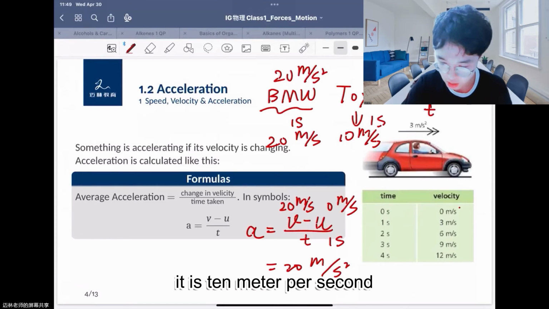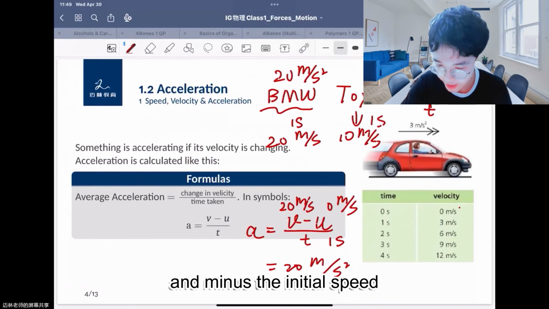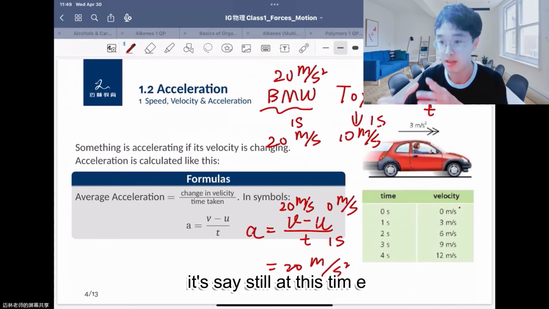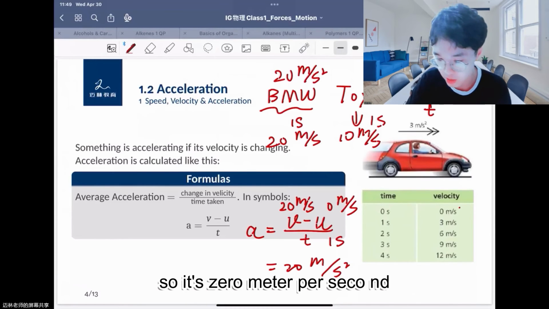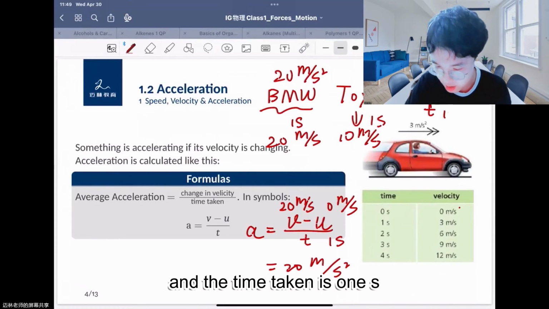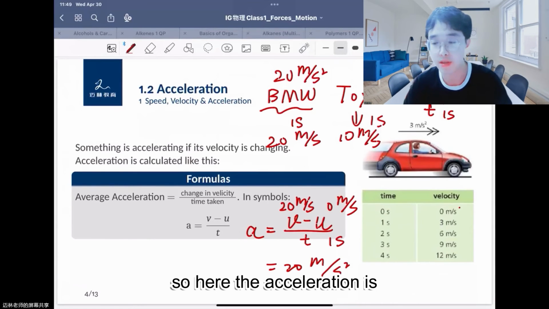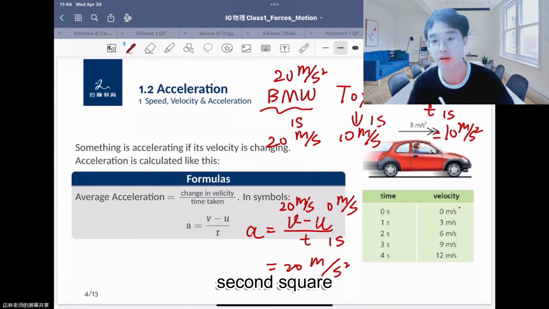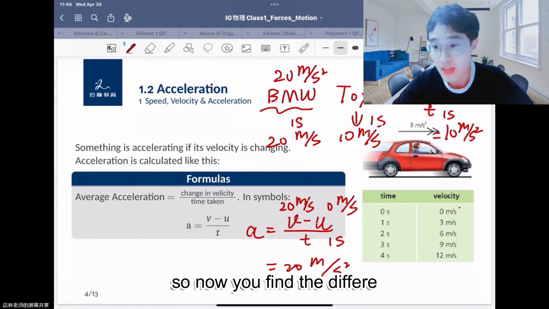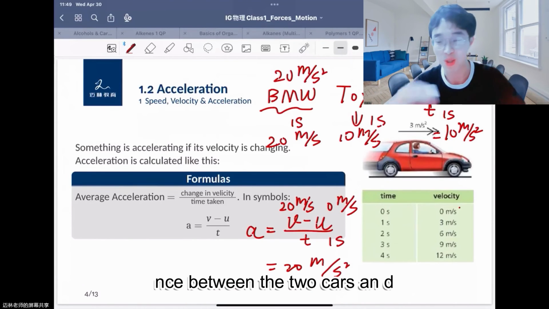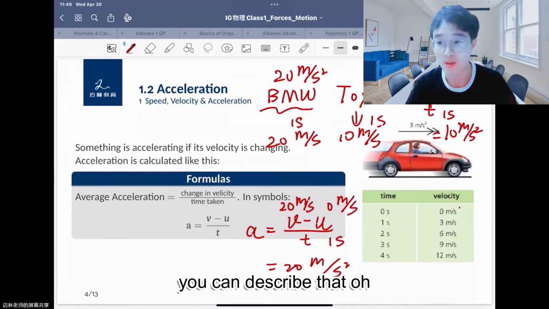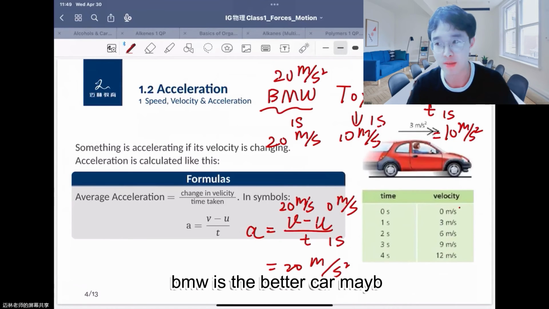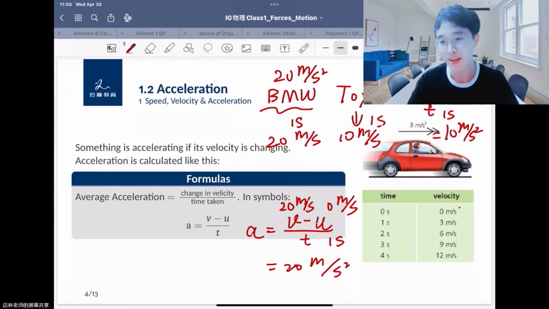It is 10 meters per second minus the initial speed, which is still at this time, so it's 0 meters per second, and the time taken is 1 second. So here the acceleration is 10 meters per second squared. Okay. So now you find the difference between the two cars, and you can say that, oh, BMW is maybe a better car than Toyota because it can accelerate very quickly.